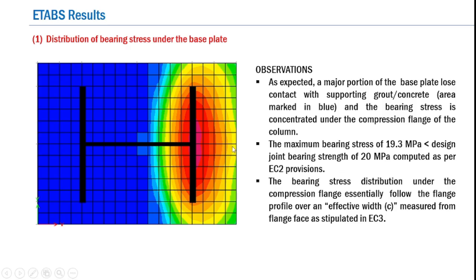Now further, coming to the bearing stress distribution just below the compression flange, we find that the distribution follows a profile that moves around the compression flange over an effective width C measured from the flange face as stipulated in EC3. So that's all regarding the distribution of the bearing stress under the base plate.